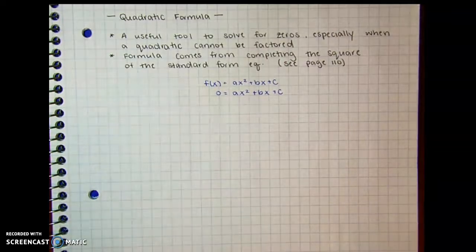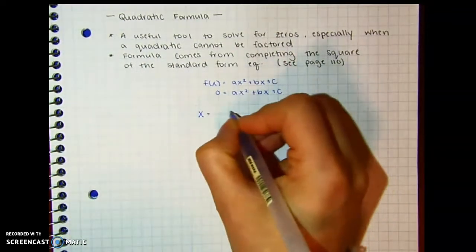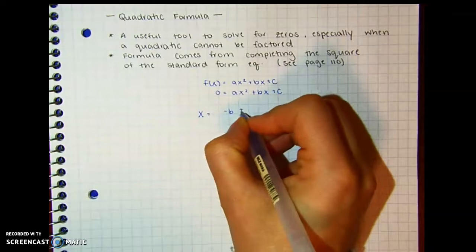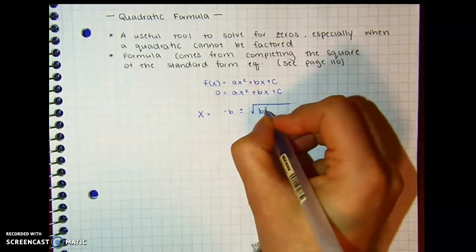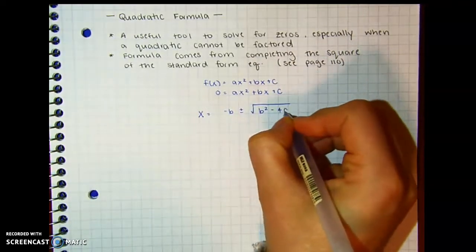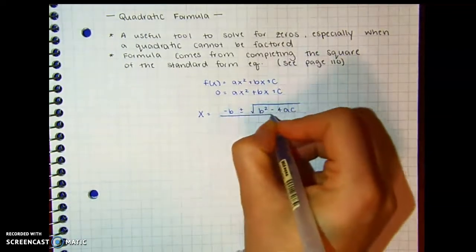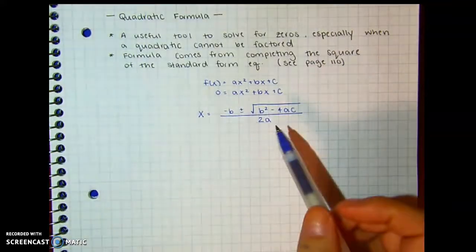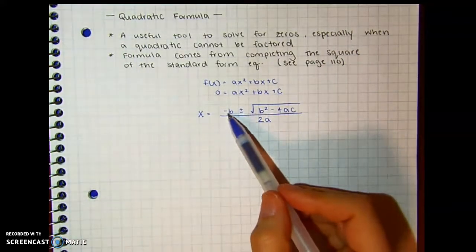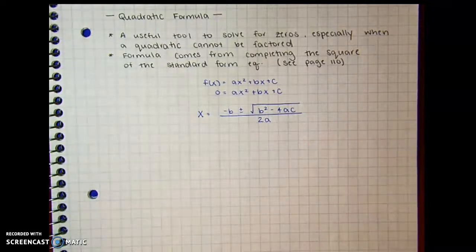And the quadratic formula is x equals negative b plus or minus square root of b squared minus 4 times a times c, all divided by 2a. And I emphasize the all because sometimes students don't divide everything. This whole thing is being divided by 2a.